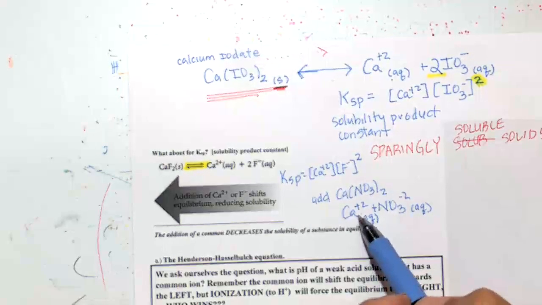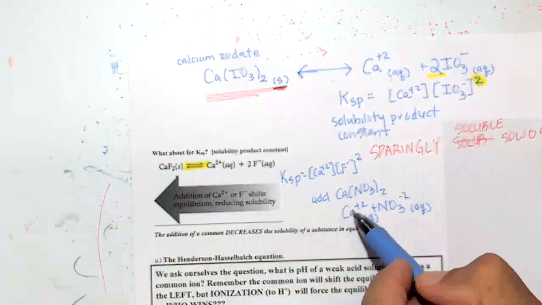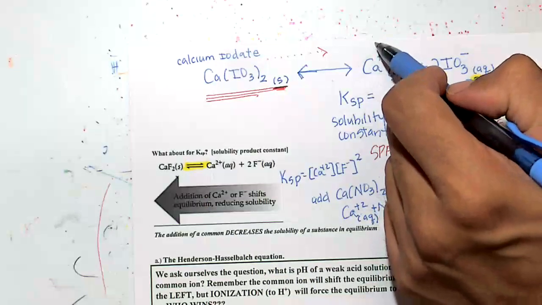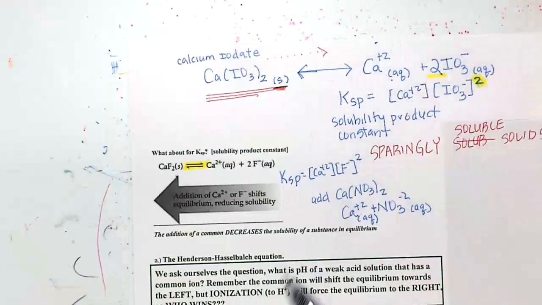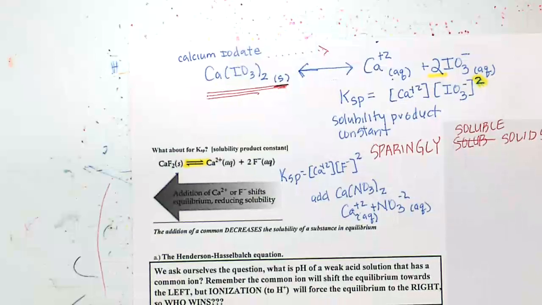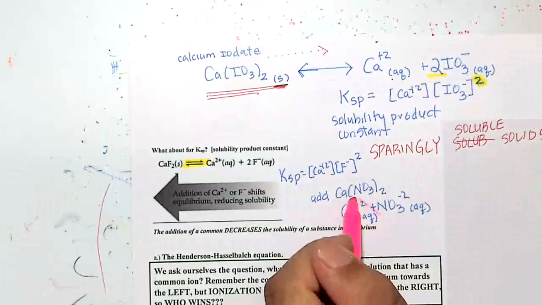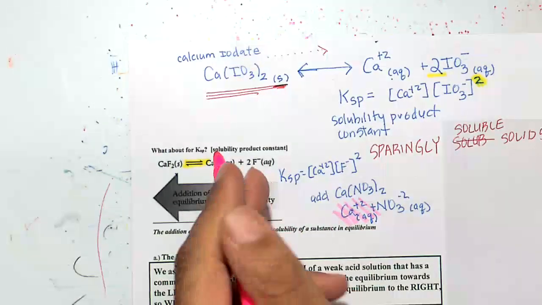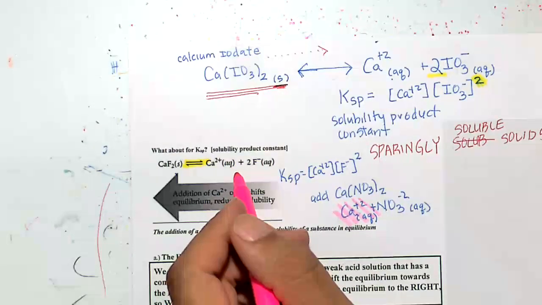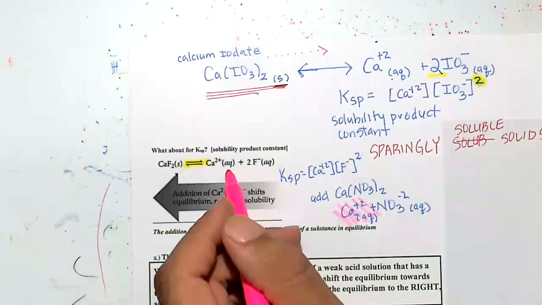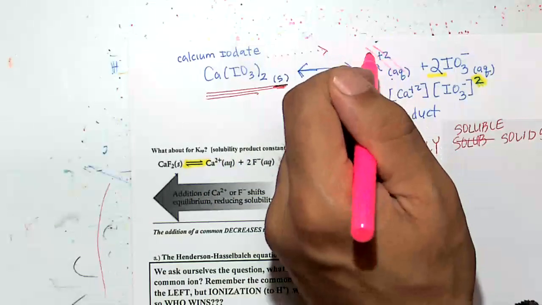What happens if we add calcium nitrate to this calcium iodate? What do we have here? We have a common ion. What is our common ion? Calcium. So which way will the reaction shift? What does a common ion do? It suppresses what?